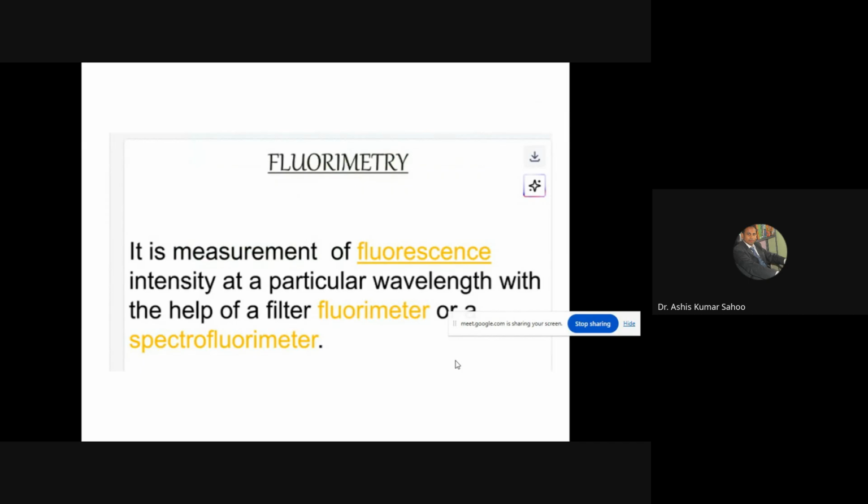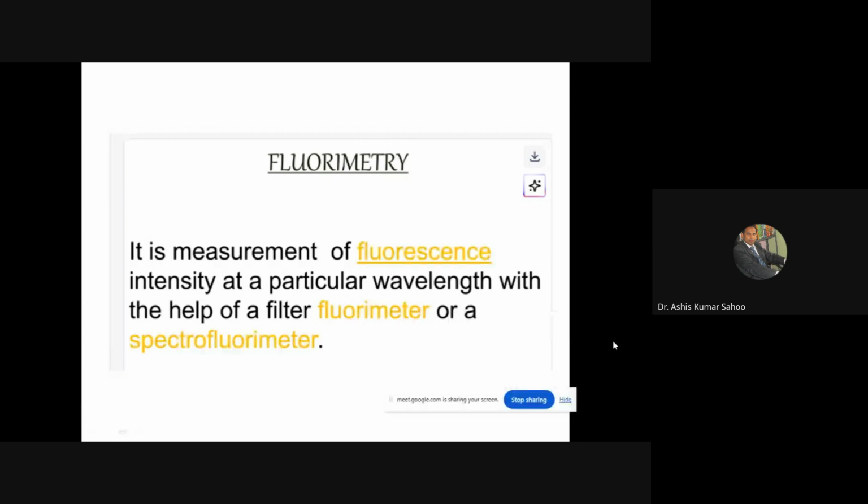It is a measurement of fluorescence intensity at a particular wavelength.